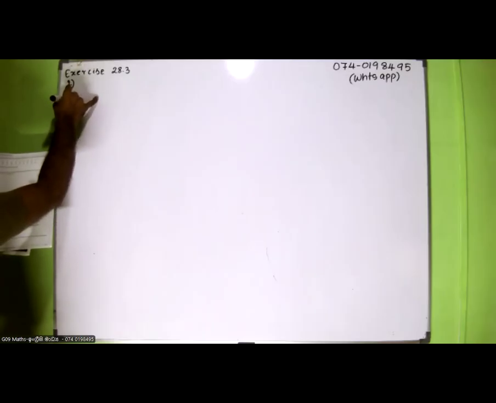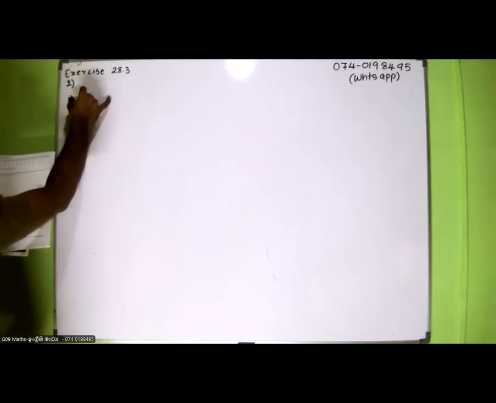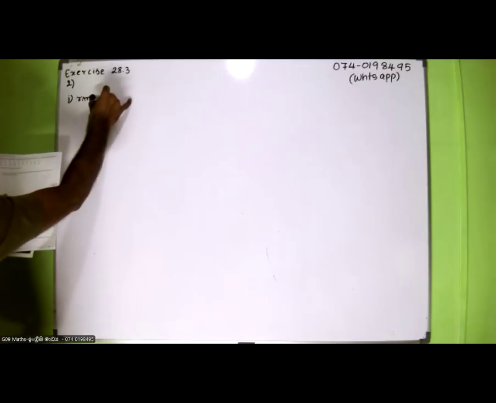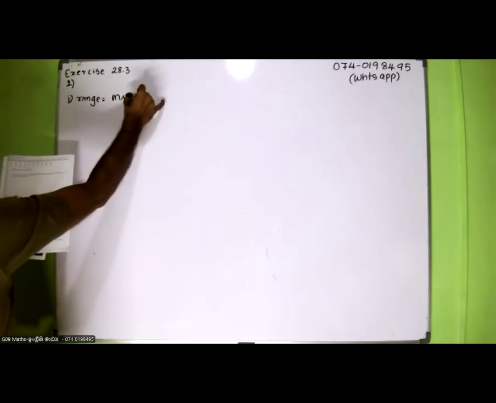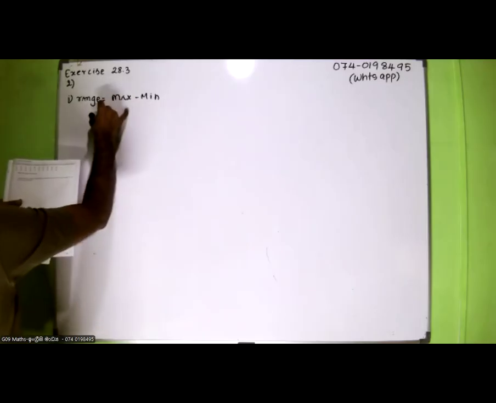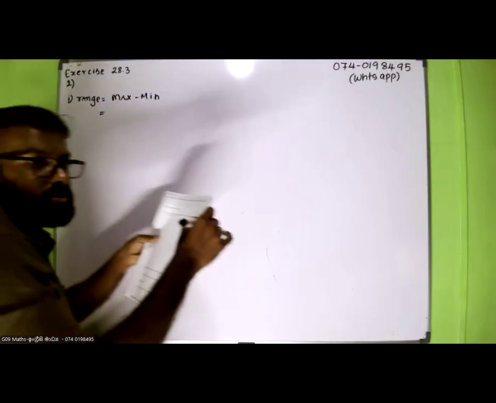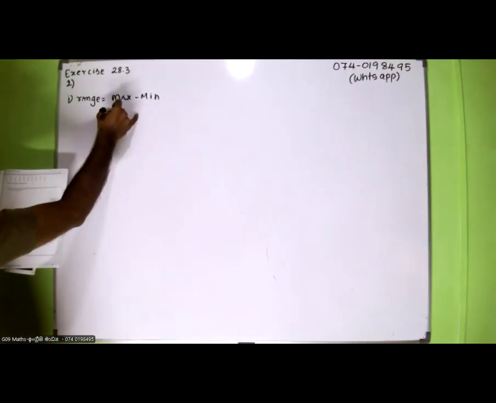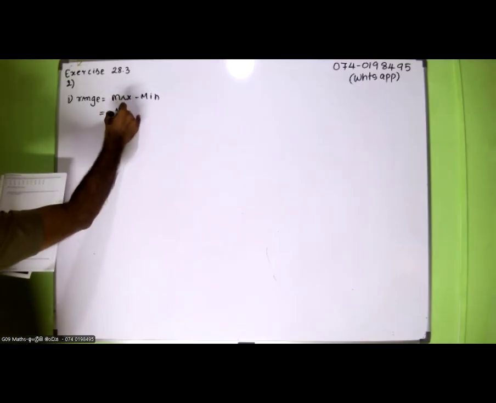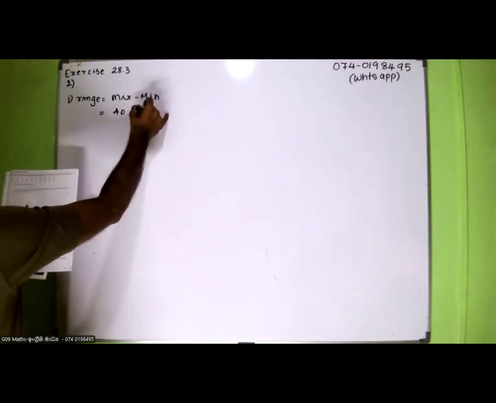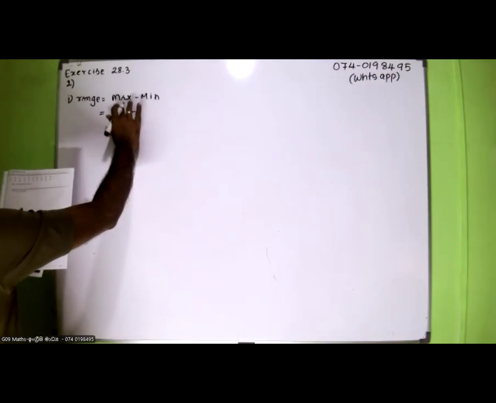First question, what is the range of the data set? Range can be found by maximum minus minimum. Can anyone tell me what is the maximum value? 41. Okay, 41.